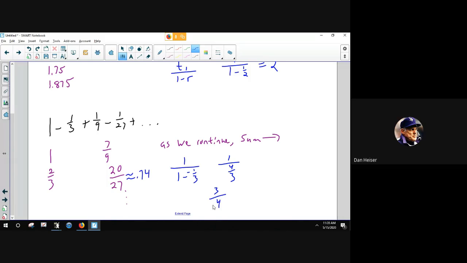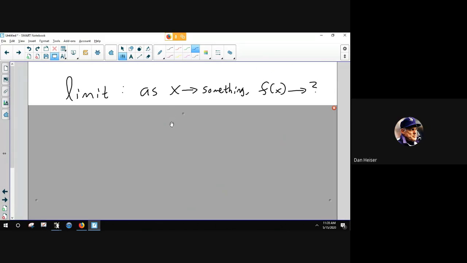So in all these examples, we are doing what's called a limit. As n approaches something, our sum was approaching something. We're going to apply that concept to functions. As x approaches some value, what is f of x approaching?